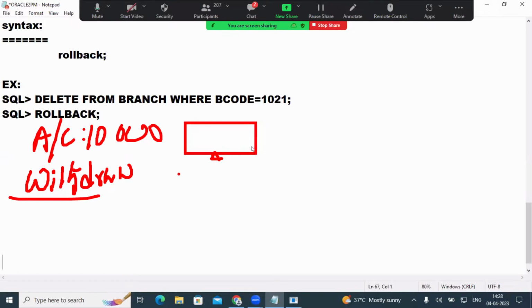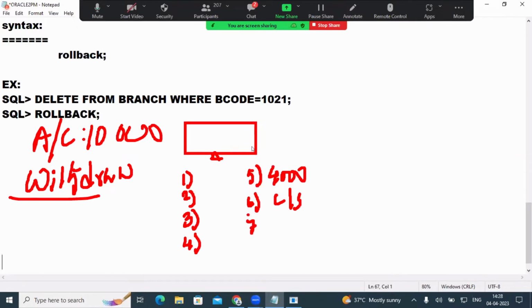7 to 8. Okay. First operation: insert card, select language, select banking, click on withdraw, enter your amount of 4,000, then current or saving, then yes, then enter your PIN number.